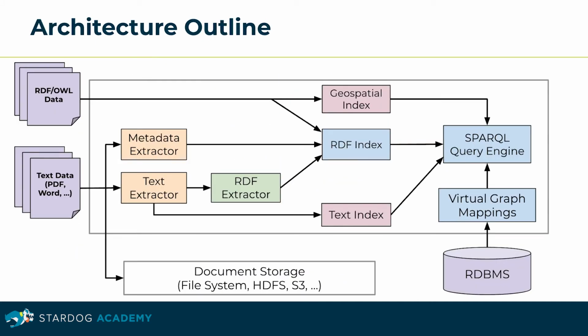This architecture diagram outlines the processing flow of unstructured content in Stardog. In contrast to loading native RDF data or translating structured content via virtual graph mappings, the ingestion of unstructured content necessarily involves a series of processing steps, each implemented by an extractor component.